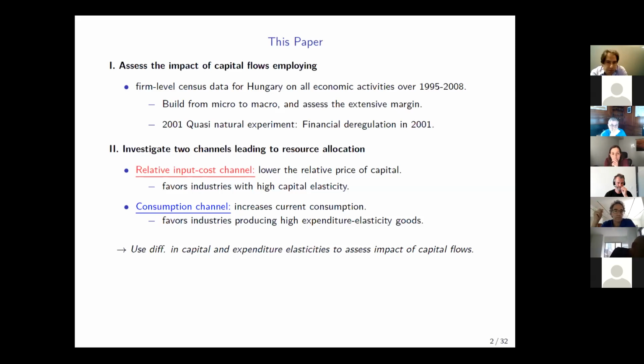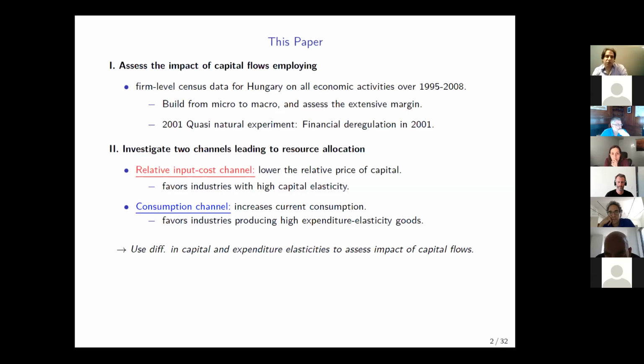Therefore, firms in industries that are more capital intensive are going to see their marginal cost of production reduced by more. That's one of the channels that should reallocate resources between and across sectors, and it has to do with the capital intensity of the technology of the industry.